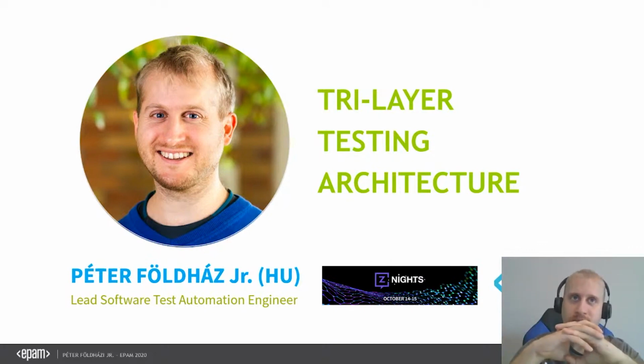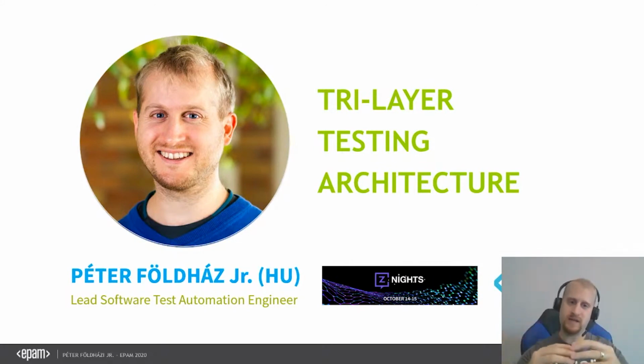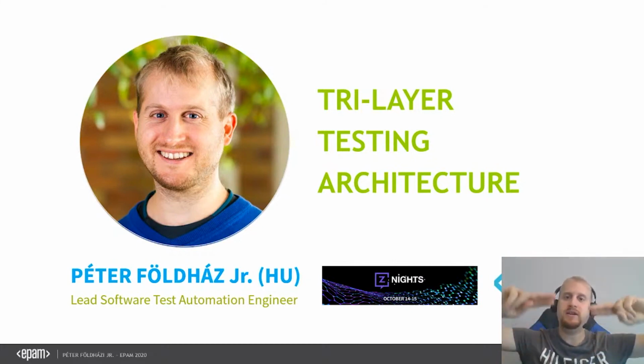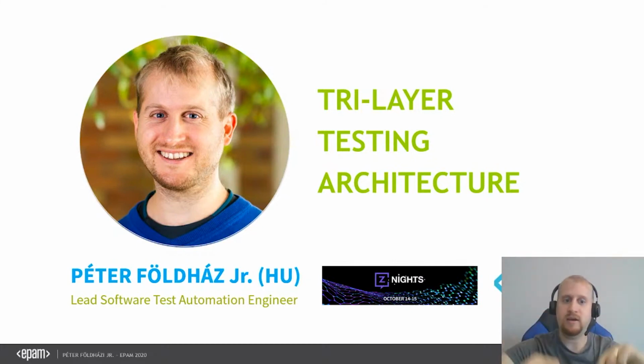Now, the very important thing is that you have to be very careful what is common. So you might have the core layer a little bit wide and build the UI and the API test automation solution above it. And you might have commonalities in the business layer as well. So that's how it would look like.